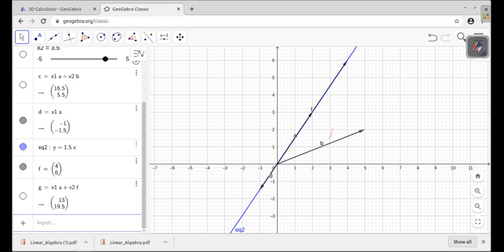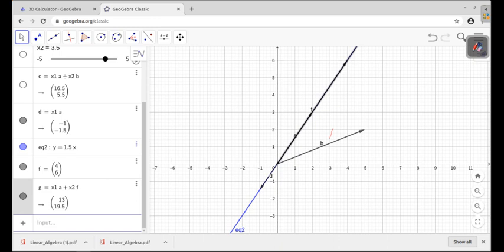Now I will define another vector in the line. f equal to (4, 6) is another vector present in the line itself. I am considering only the line now. So I have two vectors in the line, a and f. Now I am defining g as a linear combination of x1 a and x2 f, because a and f are vectors along the line.